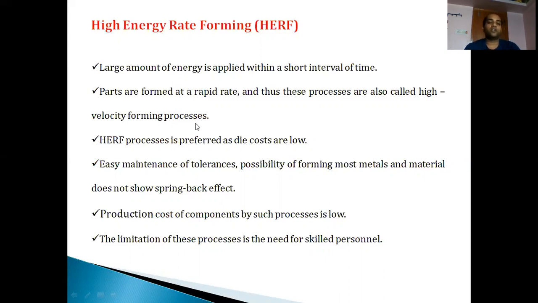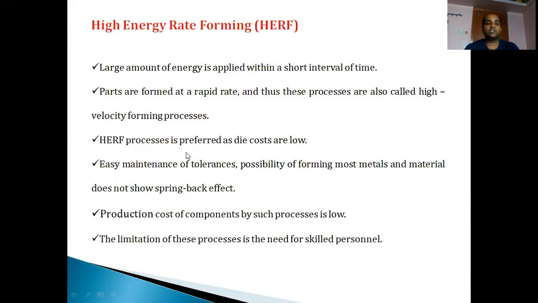When you are developing products batch-wise, the dies you use are almost the same dies itself, which means the die production cost is lesser when compared to other metal forming processes, that is, compared to forging, drawing, or bending.